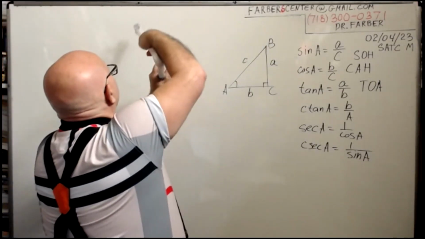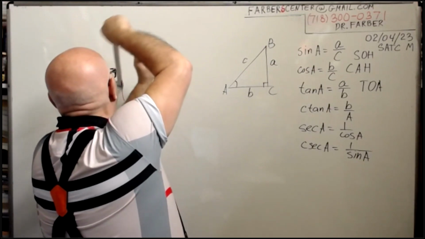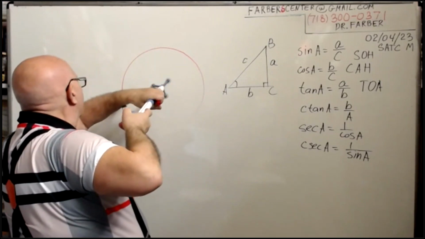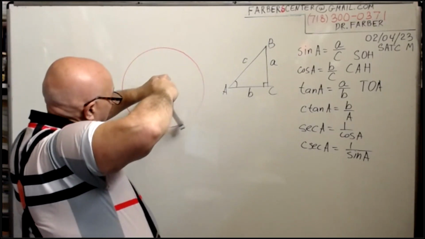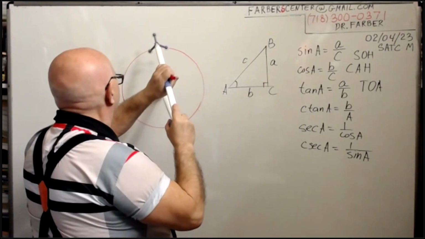Imagine I have a unit circle. Circle where radius equals 1. Somewhere like this.